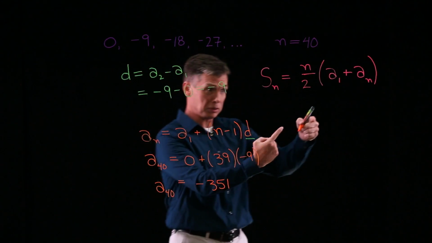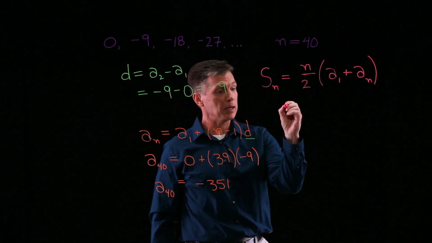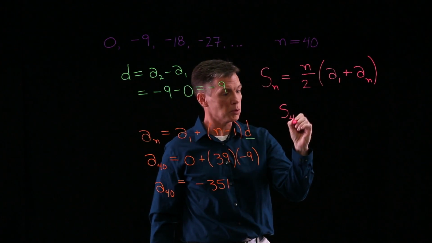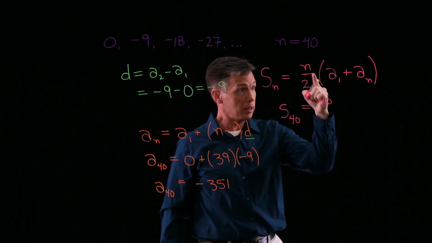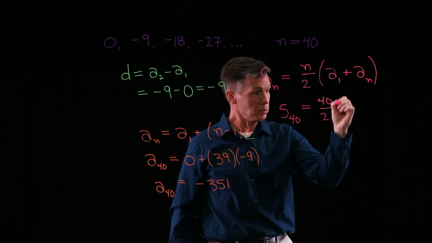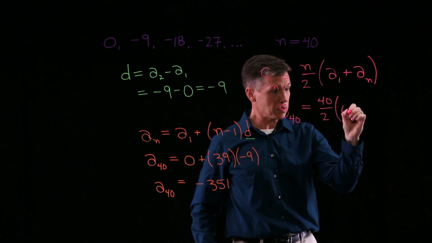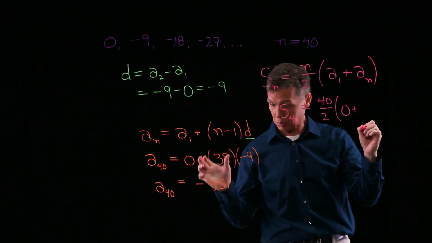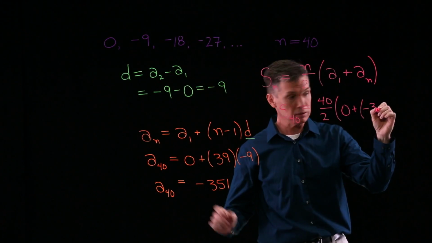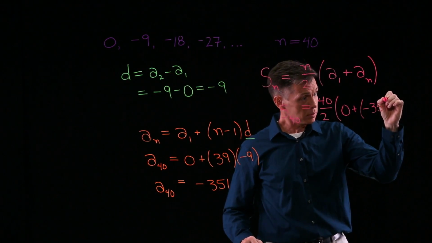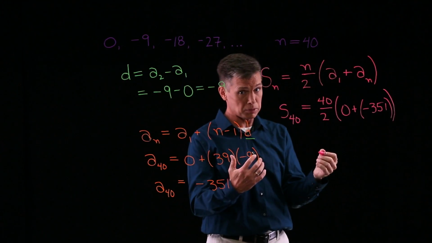Now we just put those pieces of the puzzle back in over here. My s sub 40 then, that's what they wanted for a final answer. My n is 40 divided by 2, parentheses, a sub 1, which was that 0, plus a sub 40, which is actually the negative 351. And I know I've got parentheses within parentheses, but it's just arithmetic.